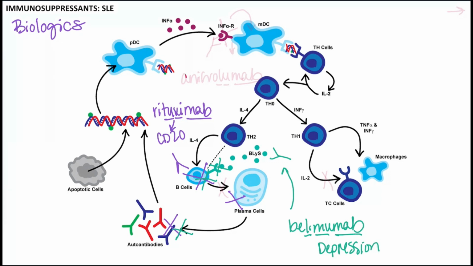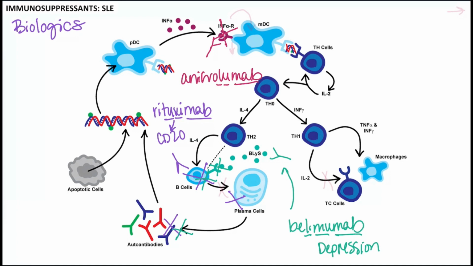And our last agent for this slide is anifrolumab, which is relatively new and is a human monoclonal antibody against an immunomodulatory molecule. Specifically, we are targeting the type 1 interferon receptor, or the interferon alpha receptor. This binding inhibits type 1 interferon signaling, like that from interferon alpha, thereby blocking the activity of type 1 interferons at target cells.